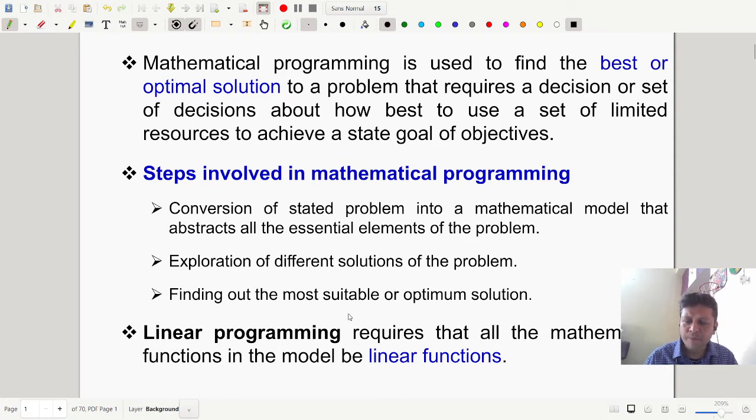And number three, finding out the most suitable or optimum solution. These are the steps involved in mathematical programming. Now, linear programming requires that all the mathematical functions in the model be linear functions. That is why the name is linear programming. Linear functions, there is no non-linearity.